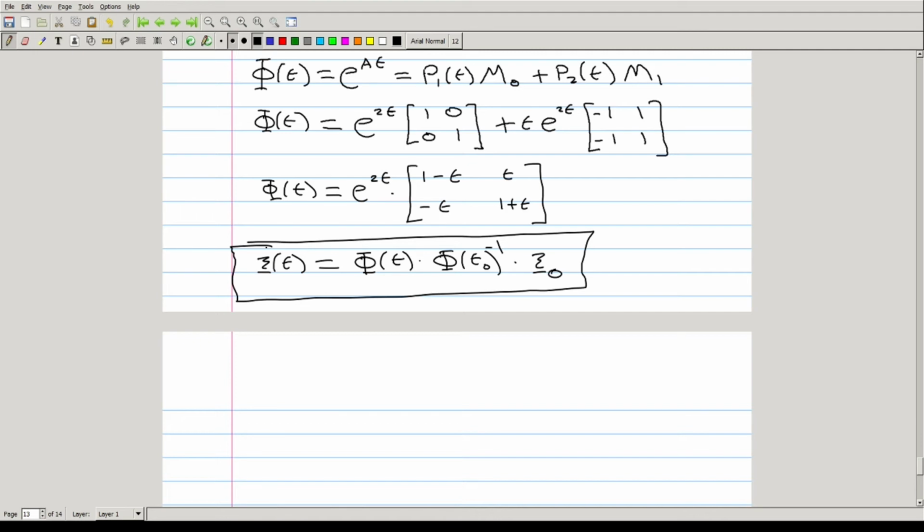And there you have it. This gives you the way forward to solving any constant coefficient system of linear first order ODEs.